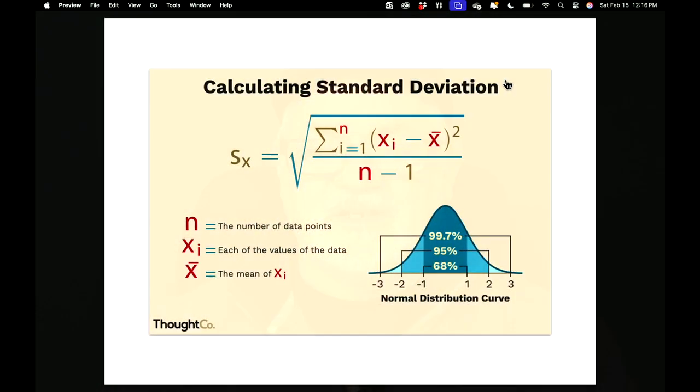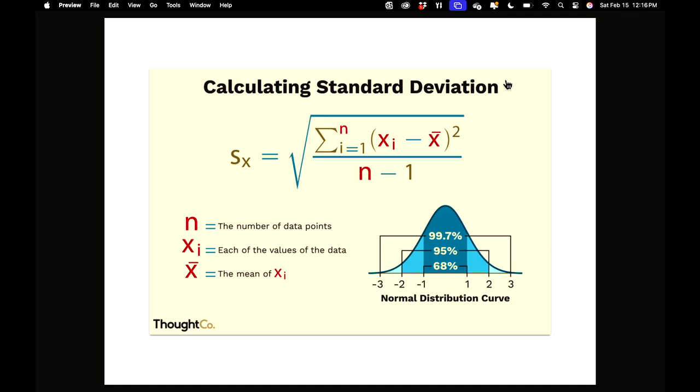Because if we take the difference, x minus the mean, it might be negative. So we get that amount, but then we square it. But we're going to square root the whole thing and take out the square. So those cancel each other out in the end. But then we divide that by the number of data points in our total distribution, minus 1.